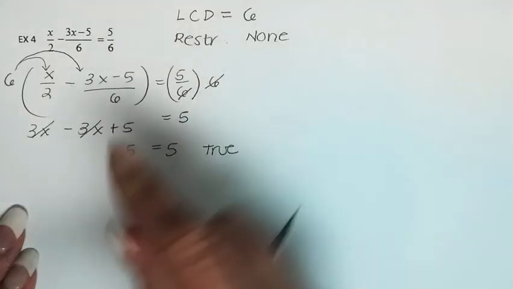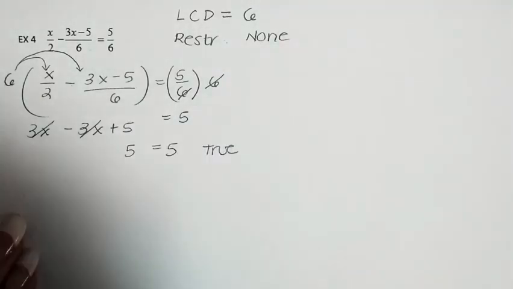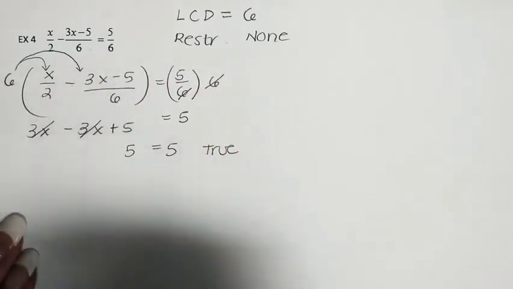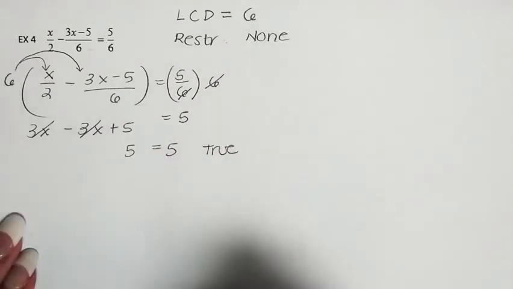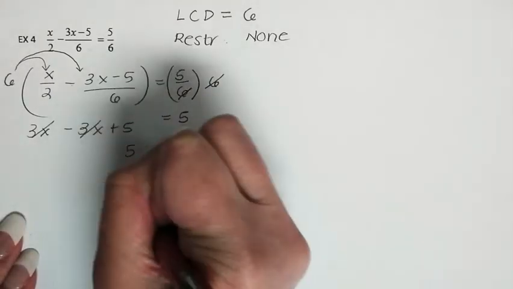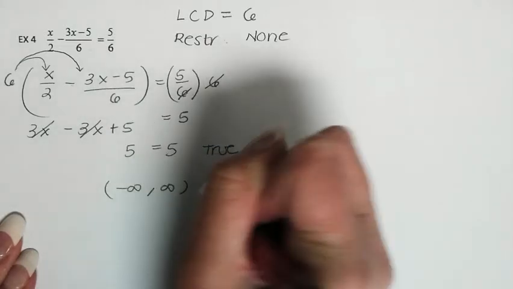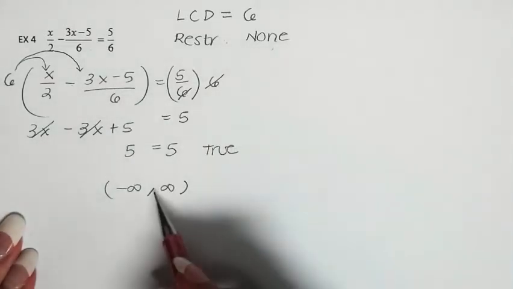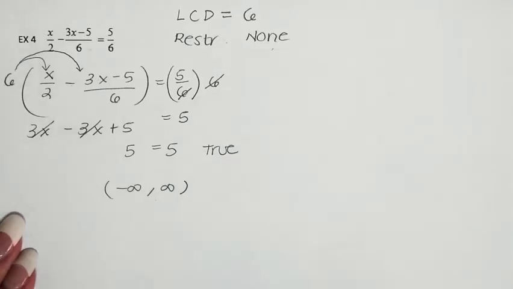Since it's a true statement, you know that there's a solution, and actually the solution is all real numbers. So in this case your solution is going to be from negative infinity to positive infinity. And why is that? You don't have any restrictions, so that's why we have all real numbers. Okay, so that's your solution.